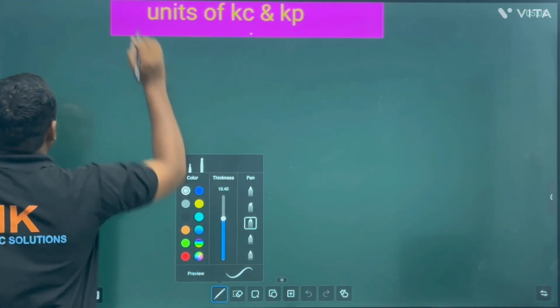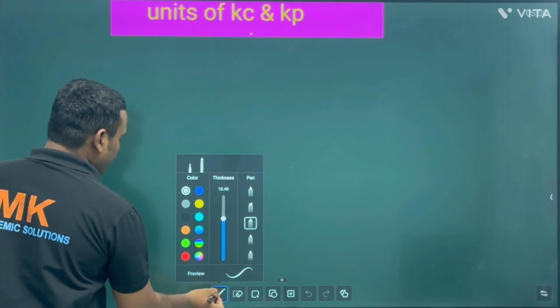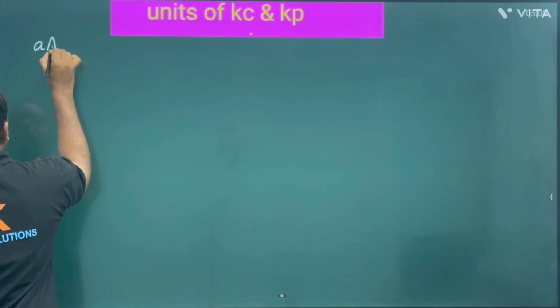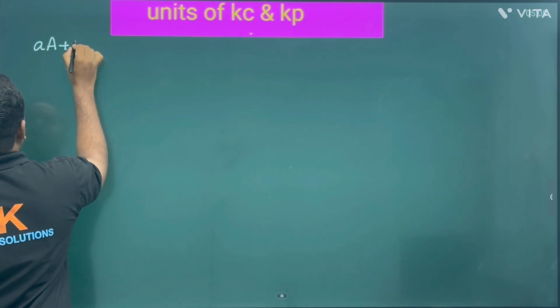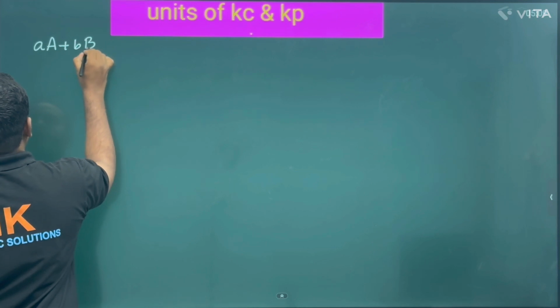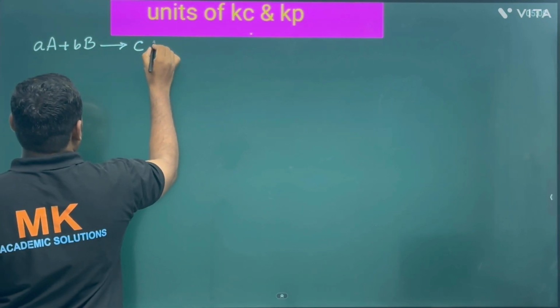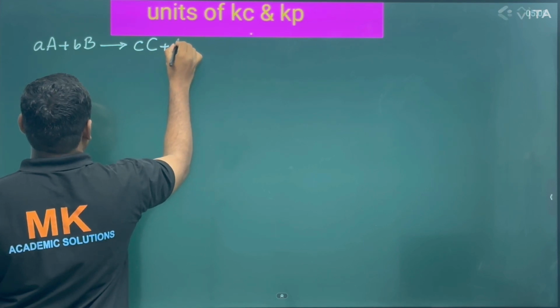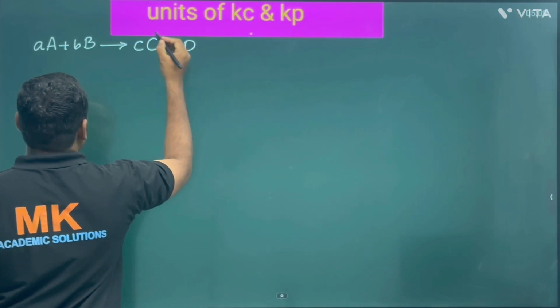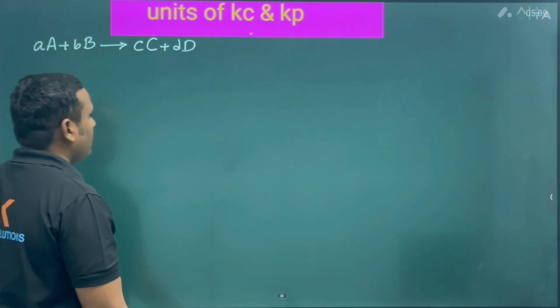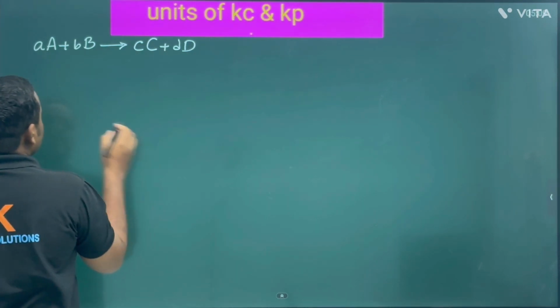So now here I am going to take a hypothetical equation: a moles of A plus b moles of B gives rise to c moles of C plus d moles of D. This is the hypothetical reaction. For this hypothetical reaction, let us express Kc.